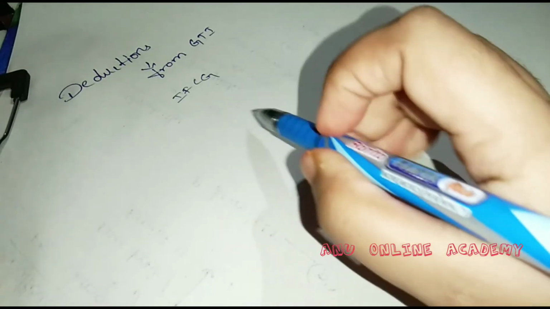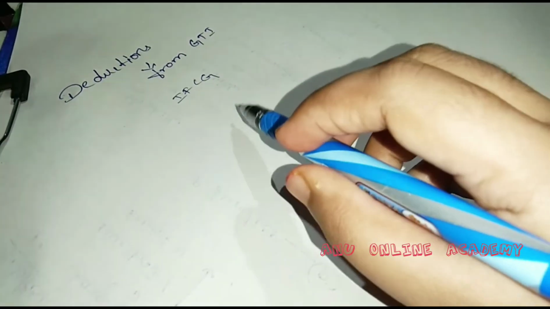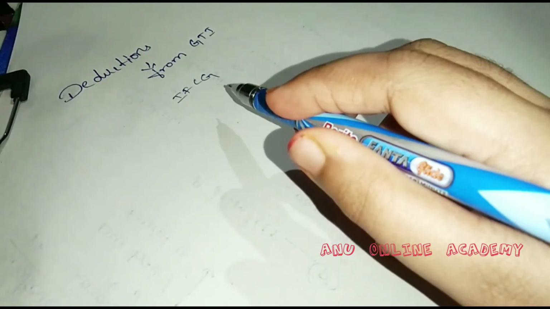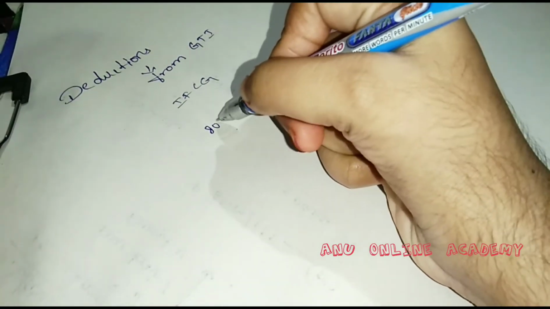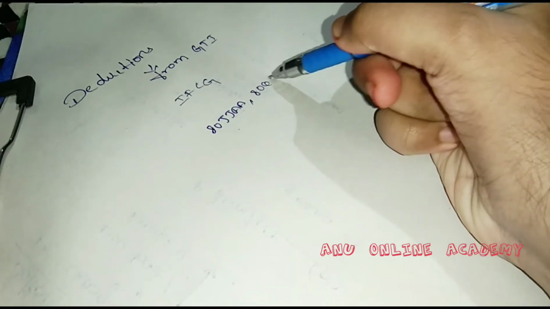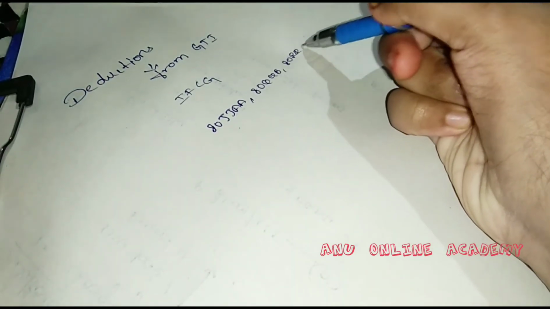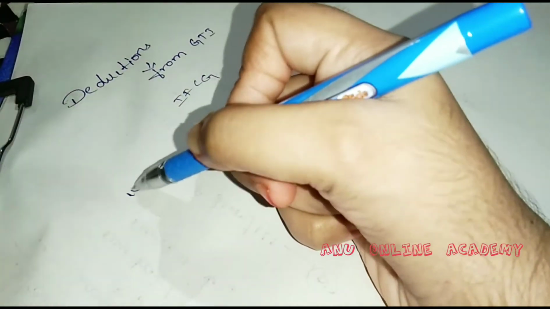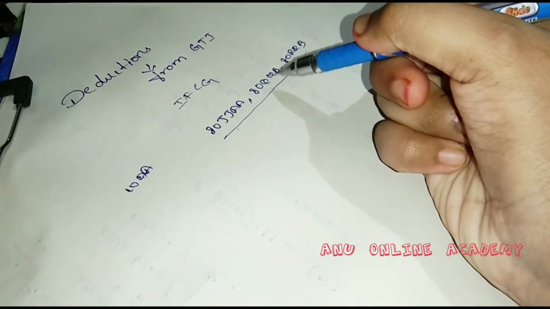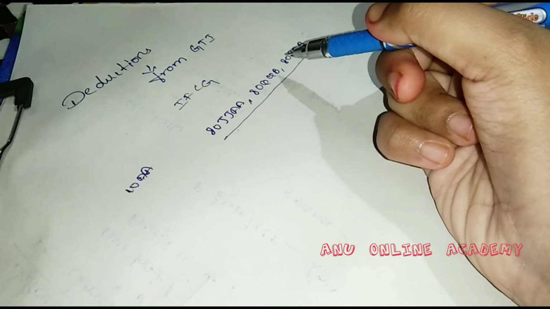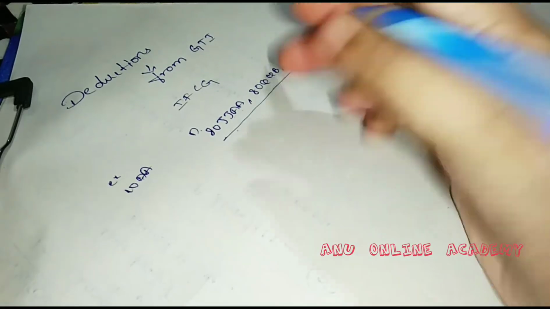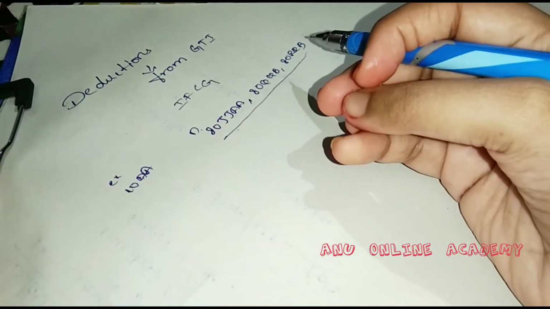If any exemption is claimed under section 10AA or deduction claimed under section 80JJAA, 80QQB, 80RRB, then the balance income after such exemption and deduction will not be allowed for further deduction under Chapter 6A.